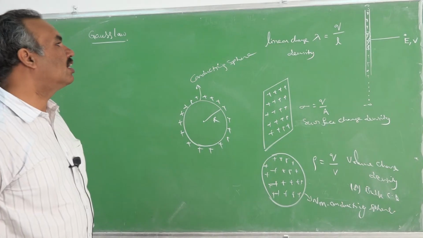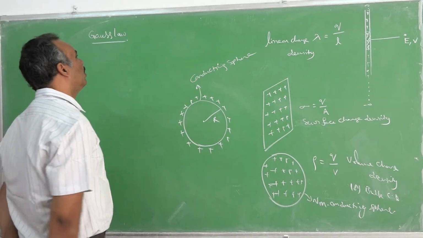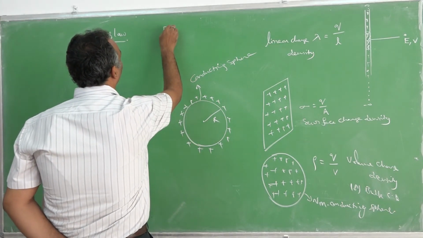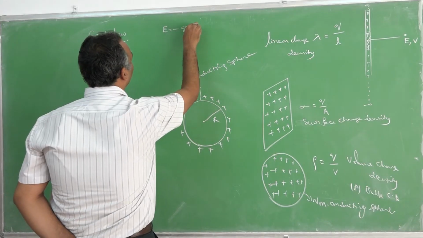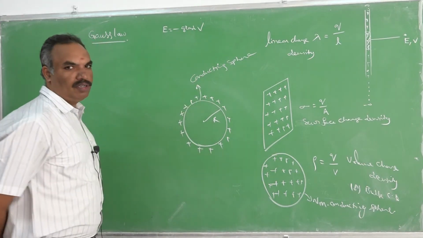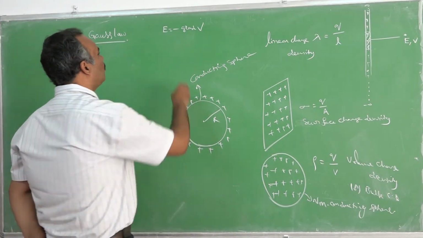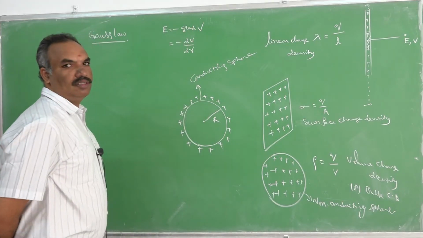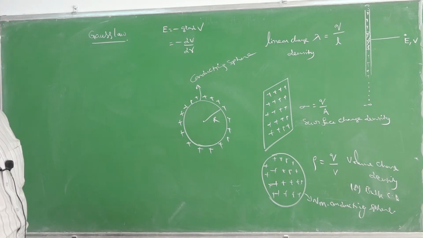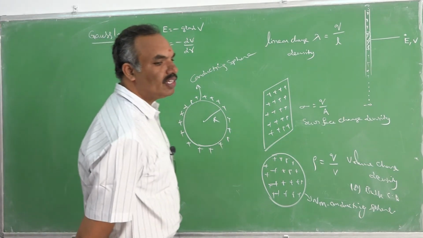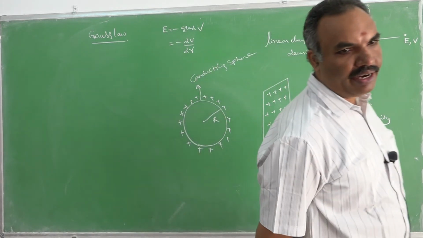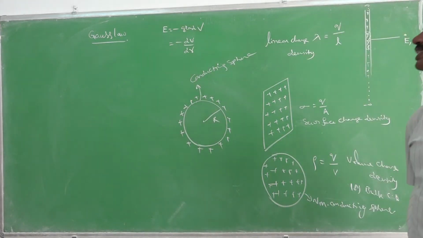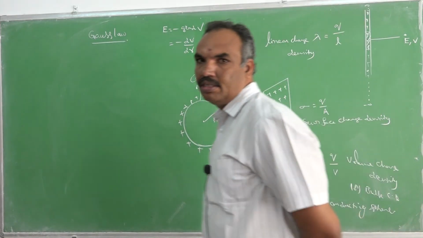Electric field and electric potential are related by an equation. Electric field is always the negative gradient of electric potential. Gradient means the derivative with respect to distance. Derivative with respect to time is called rate. Derivative with respect to distance is called gradient.